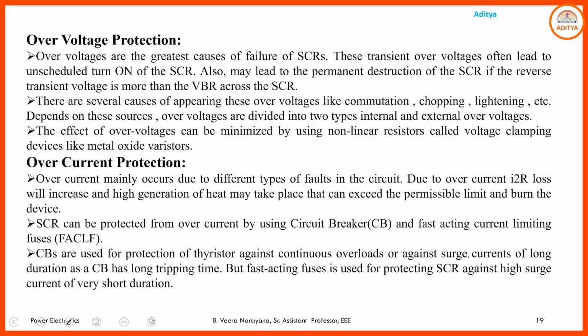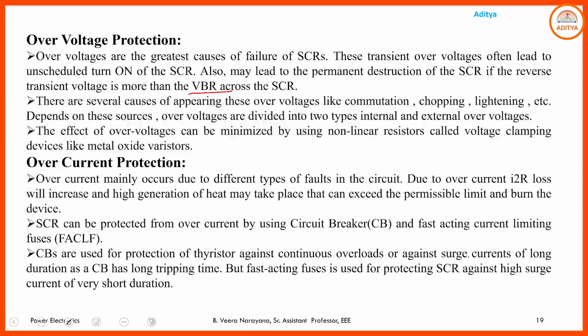They may also lead to the permanent destruction of the SCR if the reverse transient voltage is more than the reverse breakover voltage. If the SCR is in reverse biasing mode, you must ensure that the voltage across the SCR is below the reverse breakdown voltage. If it crossovers the reverse breakdown voltage, then the SCR may go to the damage.